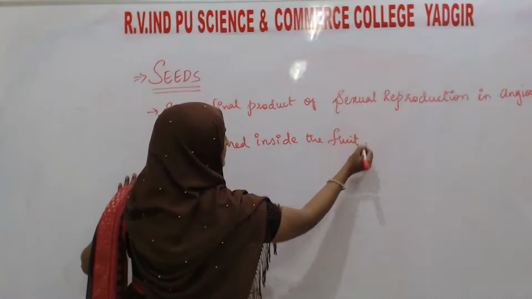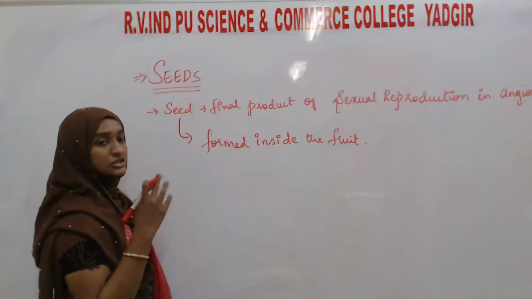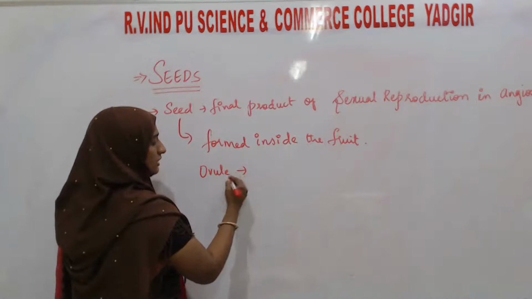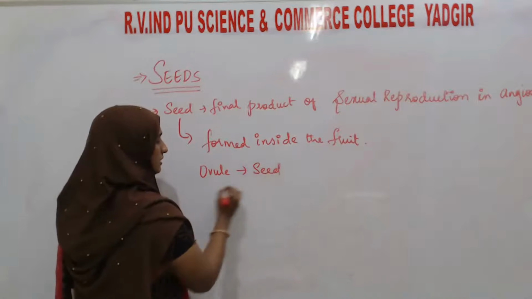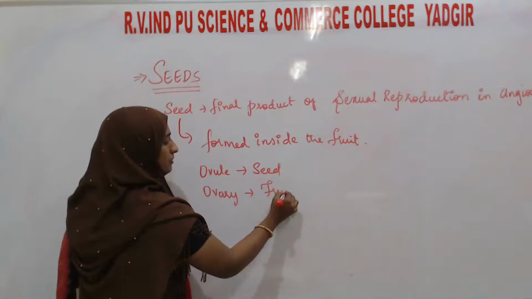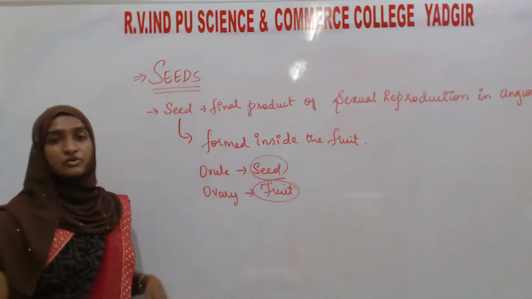Where do you find the seeds? Inside the fruit. You recall the structure of the ovule. The ovule develops into the seed, and the ovary develops into the fruit. So these seeds are present inside the fruit.